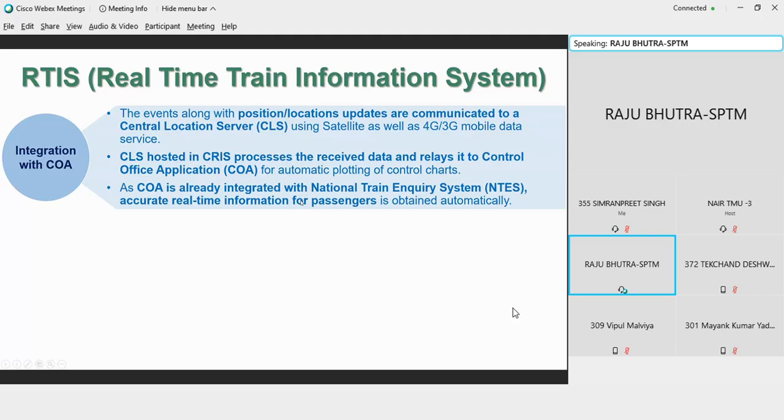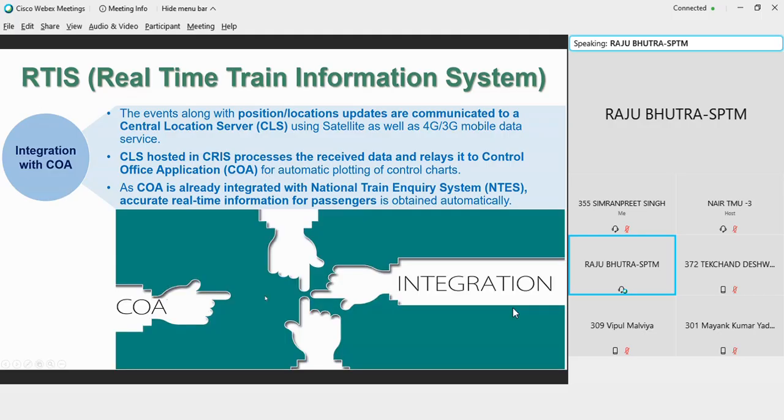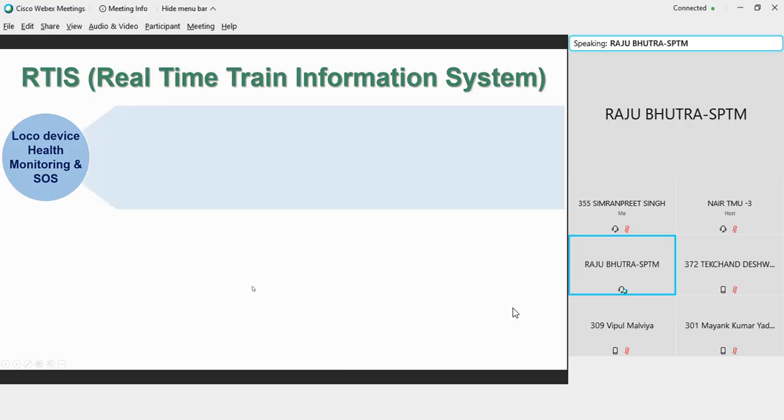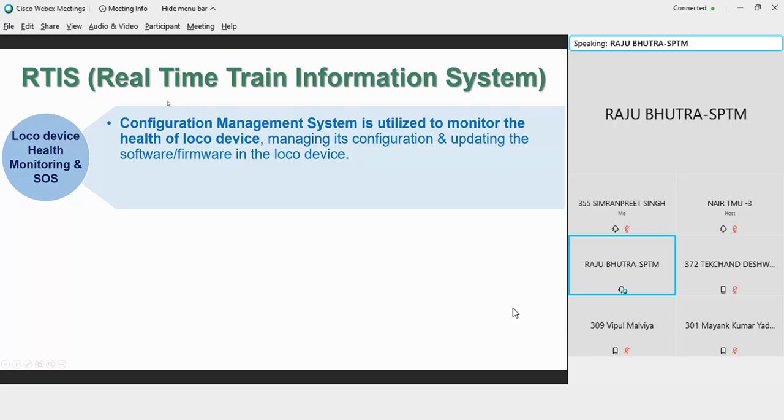COA is also already integrated with NTES, so accurate real-time information is available to the passenger. So by integration of RTIS, COA and NTES, the real-time information is available to the passengers. Then loco device health monitoring and SOS can also be done.